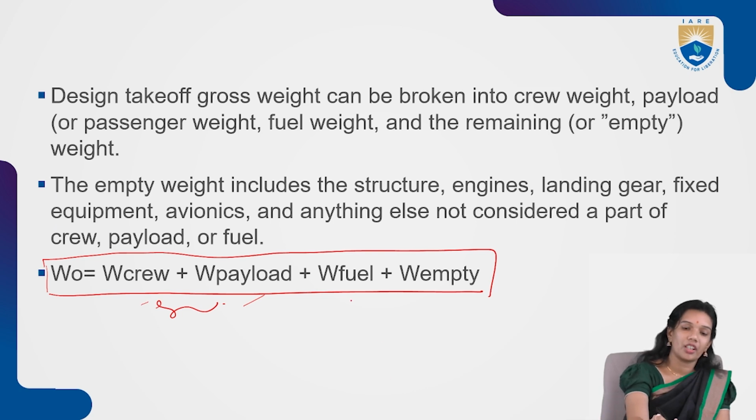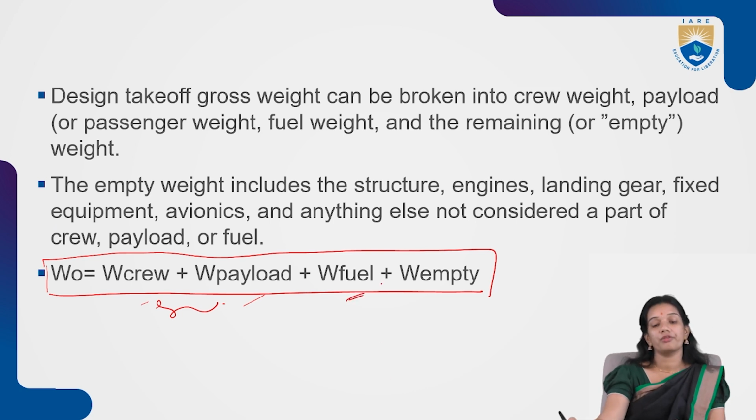Then we come to the fuel weight. Now, how much fuel is going to be spent for that particular mission? That weight of the fuel is unknown to me. I have to go and determine it, and that determination is based on your mission specification, how much fuel you are going to spend, and if there are any drops, if you have a weapon drop, or if I have a refueling.